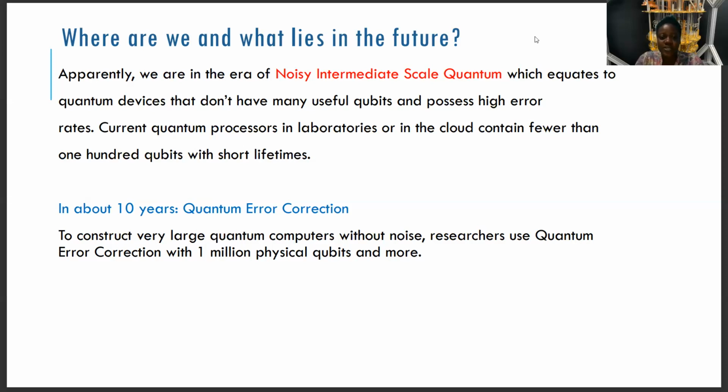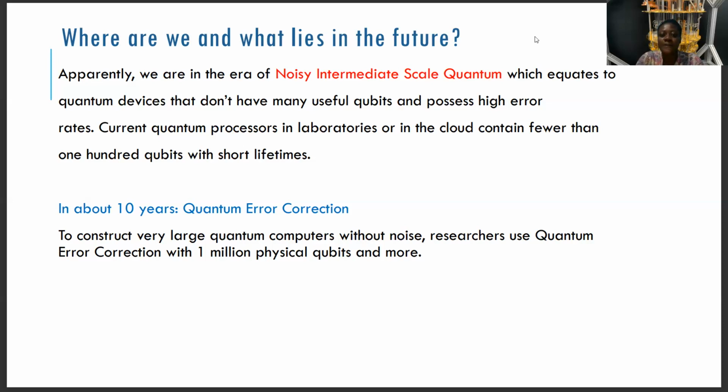What this is saying is that currently we are in the noisy intermediate scale quantum era. That means there is still some noise in the models we use. Noise meaning that, when you are working with a model, you want to achieve accurate predictions.